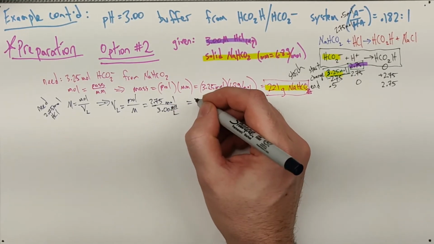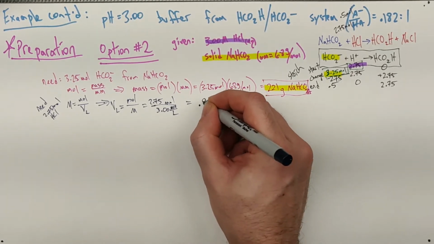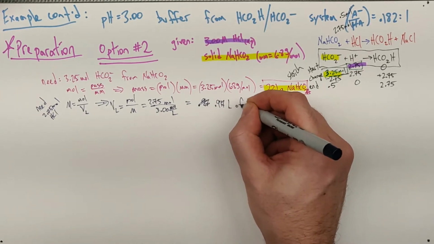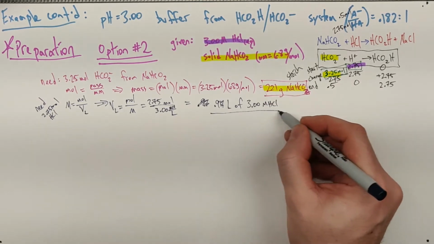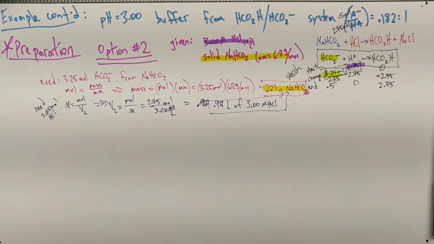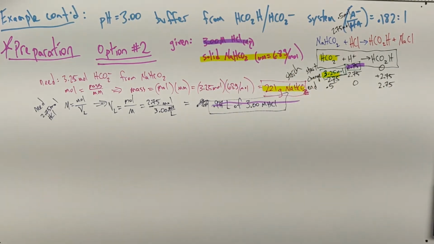And we end up there with a number of 0.917 liters of 3 molar HCl. And that is the other half of our recipe, what I highlighted in purple up top. So now we just need to write instructions to prepare it.